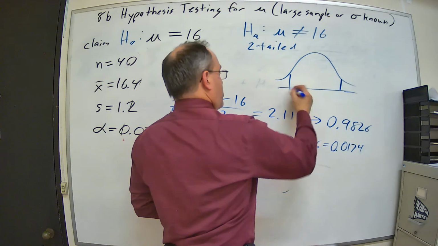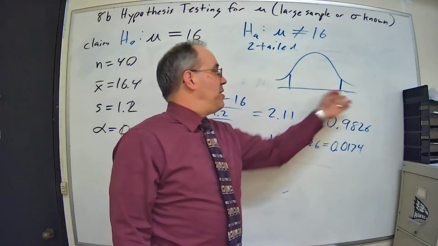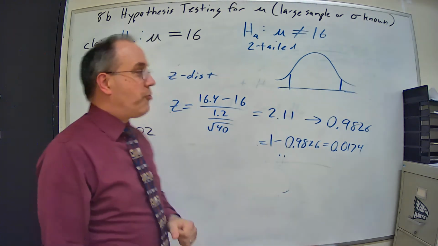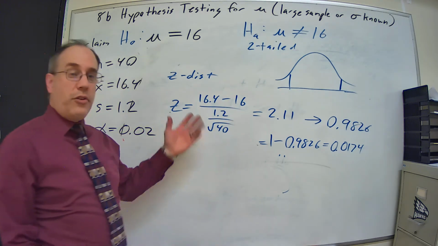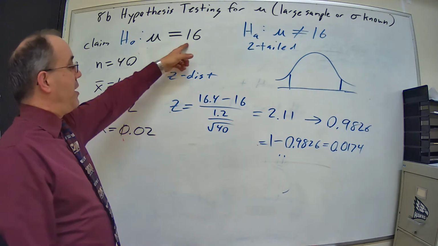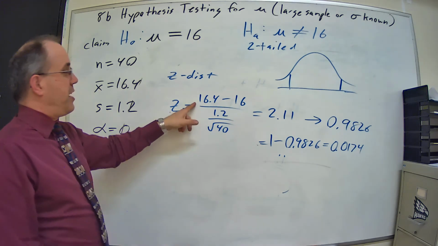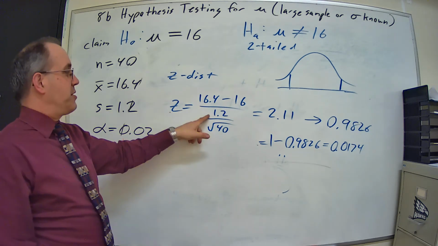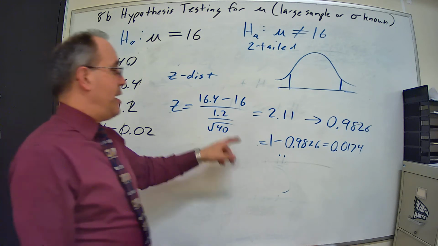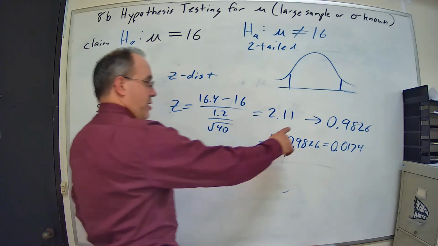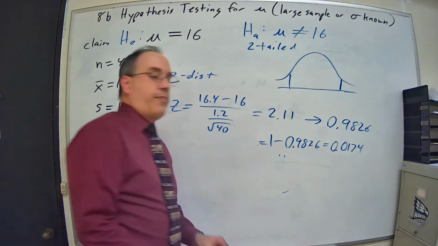Because it's a two-tailed test, we have both sides there. So we calculate our z-score and it calculates the exact same way. The claim was 16, okay. Our sample mean was 16.4. Standard deviation was 1.2 with a sample size of 40. And we come out with 0.9826.